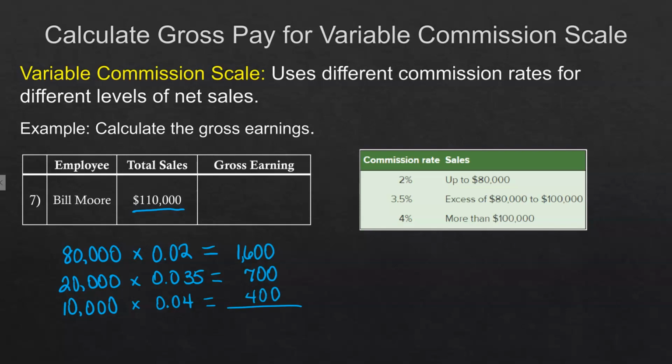So we have a total then of $2,700 in commission. And so commission for gross earnings are going to be $2,700. Now notice this one didn't say anything about a draw or a salary or anything. So it's just on the straight commission figuring out the gross pay.